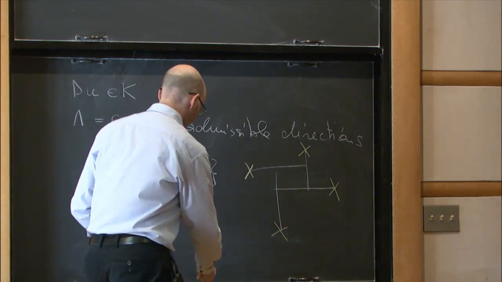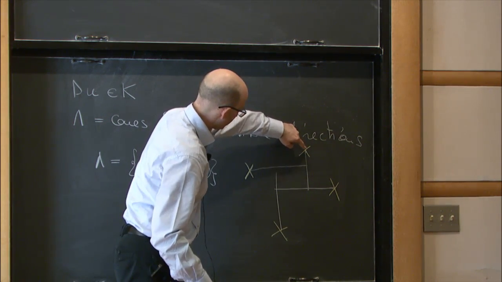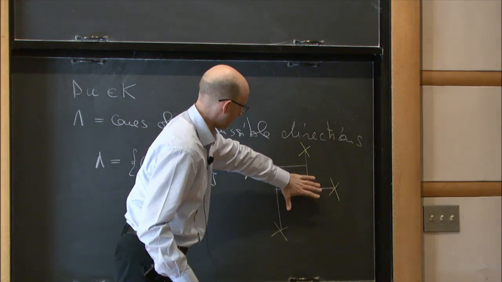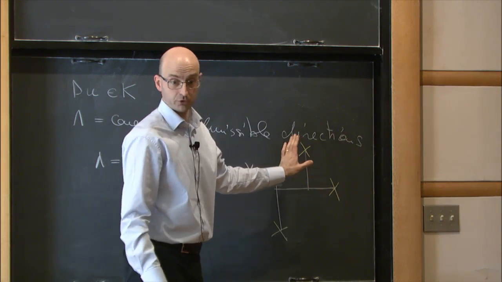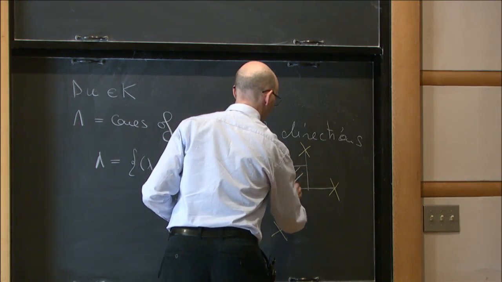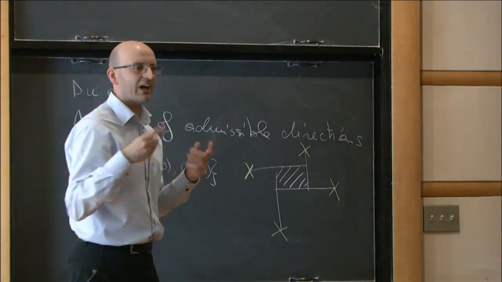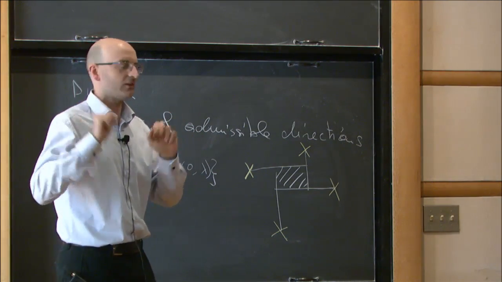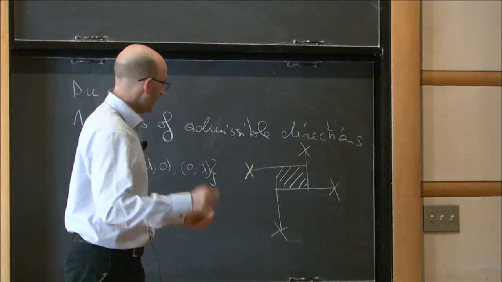It's pretty clear that any segment joining two of these points is neither horizontal nor vertical. Nonetheless, what I claim is that this square is inside the lambda-convex hull, if you define it correctly. The reason is the following.